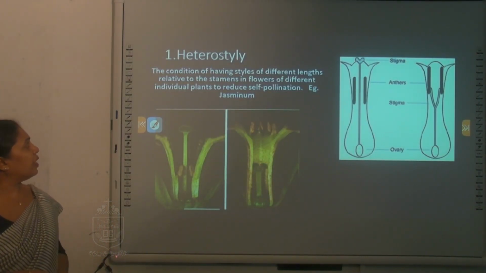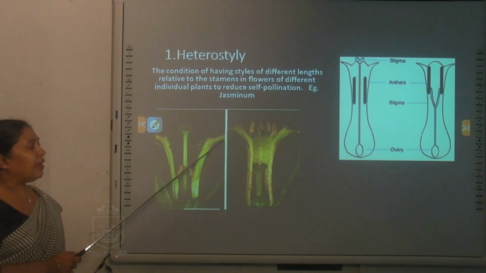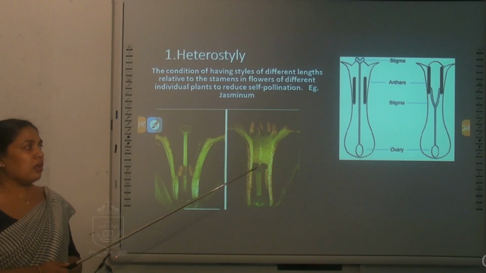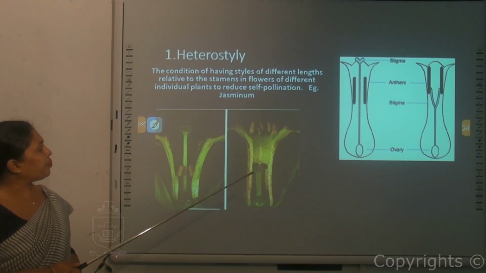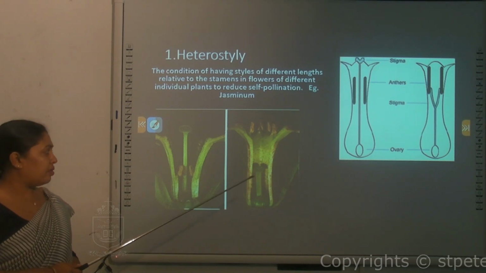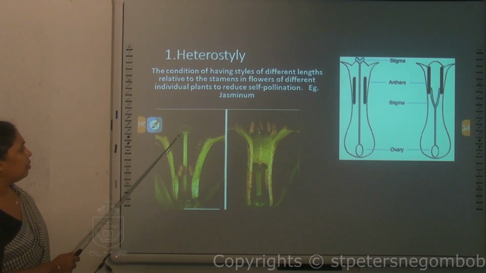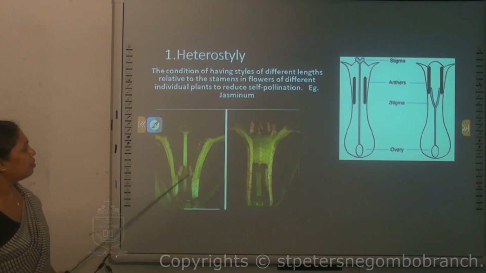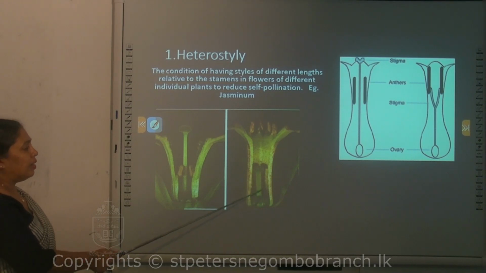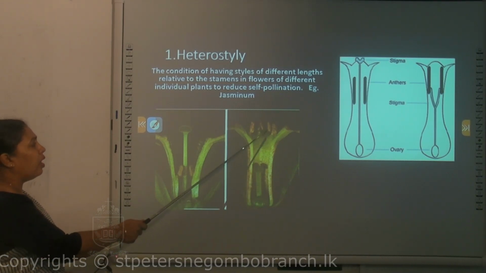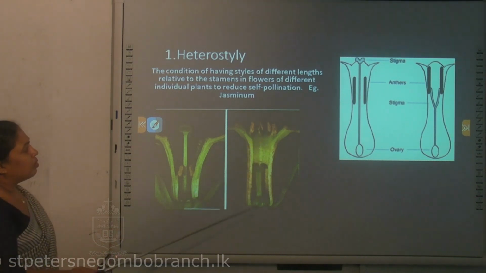So this is heterostyle. It means styles are in different lengths. Relative to the stamens, styles are having different lengths. Here you can see the stamens are shorter here, the style is taller here, and also the style is shorter here, and the stamens are in a top position.